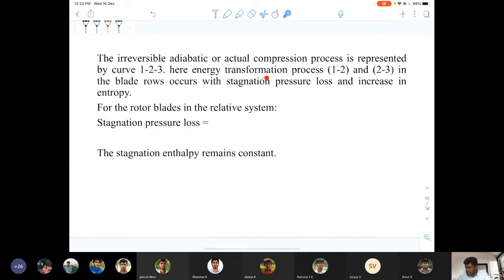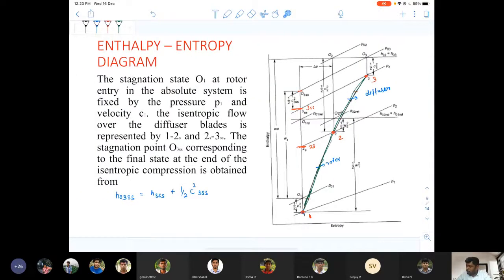Here, the energy transformation process 1 to 2 and 2 to 3 in the blade rows occurs with stagnation pressure loss and increase in entropy. That is, from process 1 to 2 and 2 to 3, due to energy transformation, there is a loss in pressure, but there is an increase in entropy.